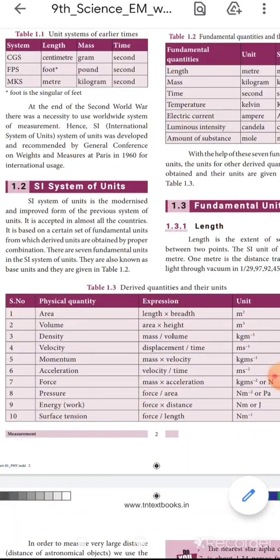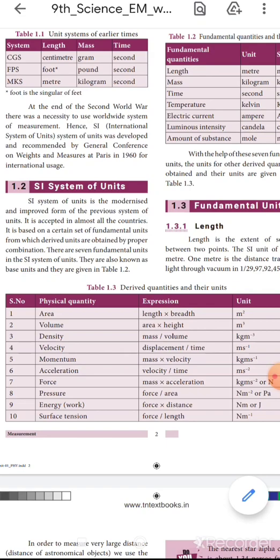So listen. Area, length into breadth, the unit is meter square, m squared. Volume, area into height, m cubed. Okay, density, mass per volume, kilogram meter power minus 3.